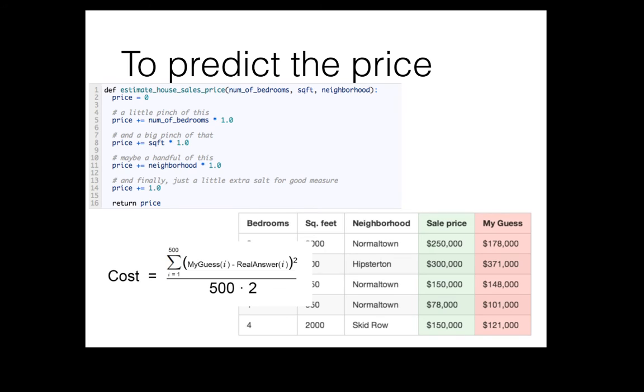Okay, now we try to find the best weights, or what we call parameters. The first step is to set the default value. Just like the code shows, all the parameters have been set to 1. And we can get the sale price that we guess with this set of parameters. And we can also figure out the cost by the loss formula as the picture shows.